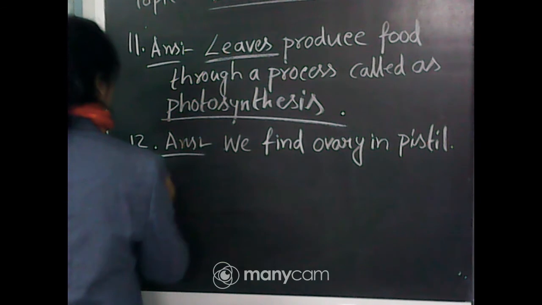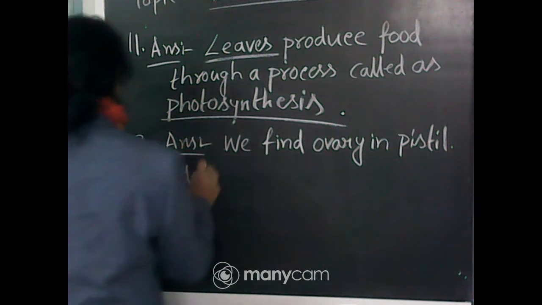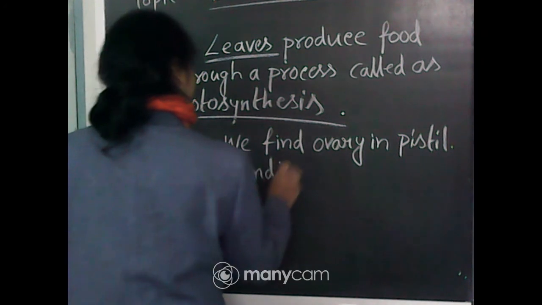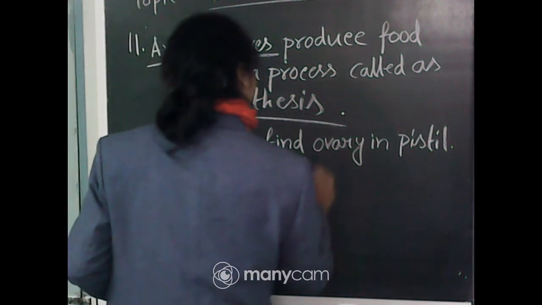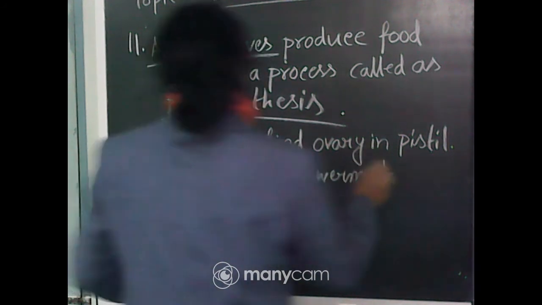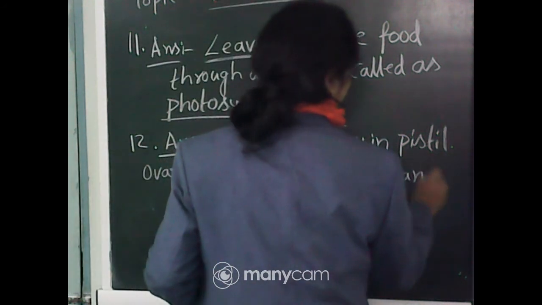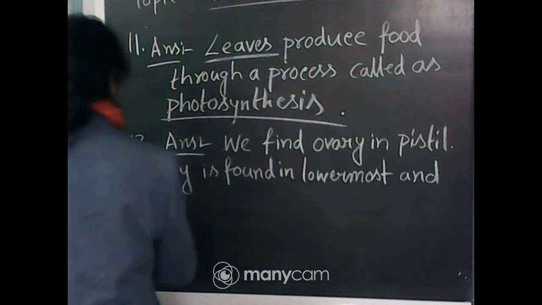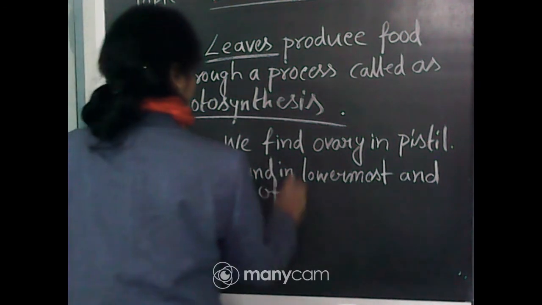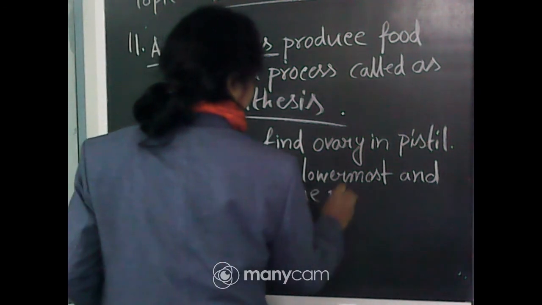You can also write that the ovary is found in the lowermost and swollen part of the pistil.